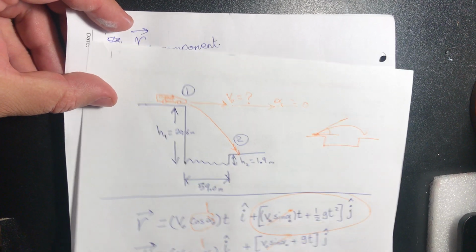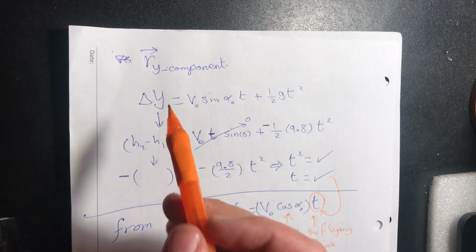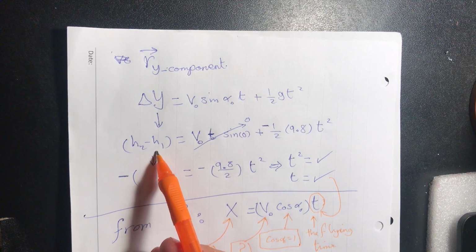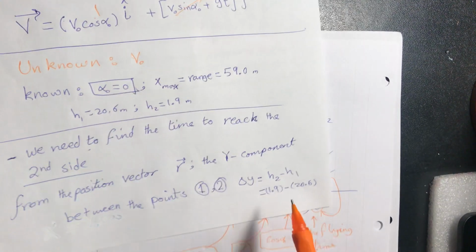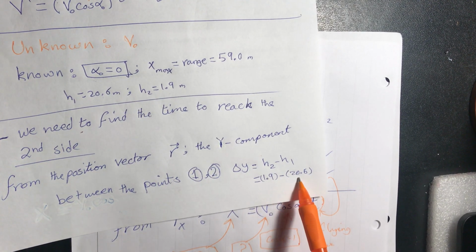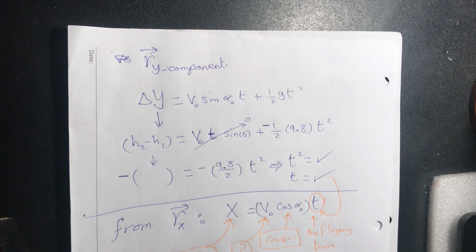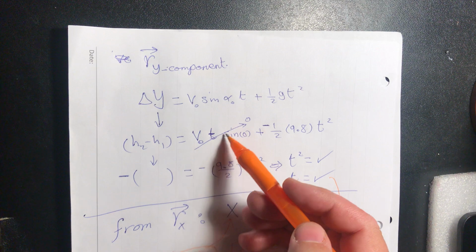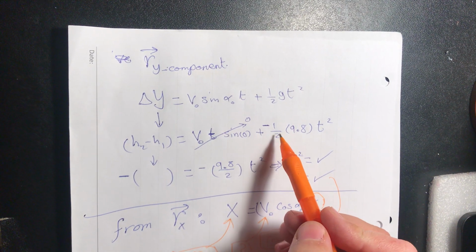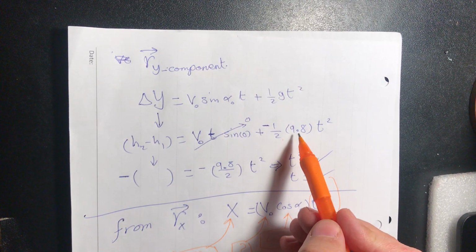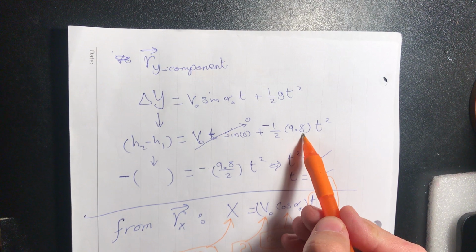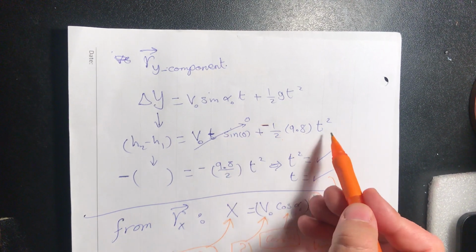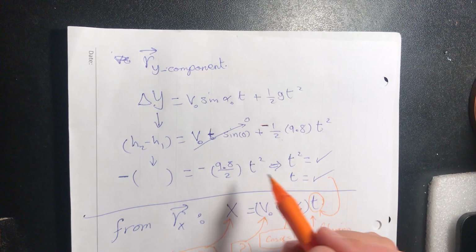We know the change in position in the y direction, which is h2 minus h1, so we can compute it: 1.9 minus 20.6. Now this will be equal to v naught sine alpha naught, which is 0, plus half of 9.8, which is g, but it is in the negative y direction, multiplied by t squared.